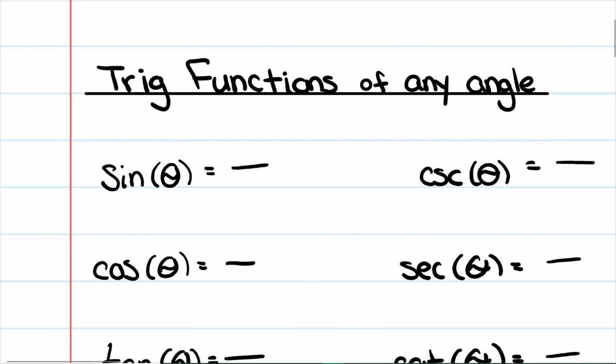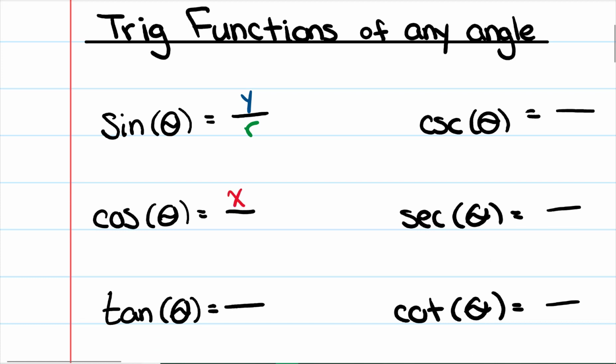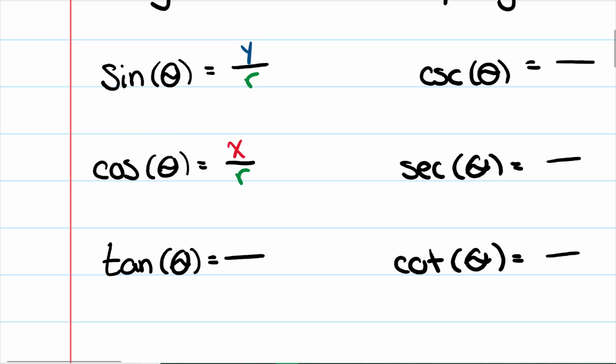So we're going to look at sine now, and so sine is y over r, cosine is x over r, and tangent, since it's sine over cosine, or it's opposite over adjacent, it's y over x.